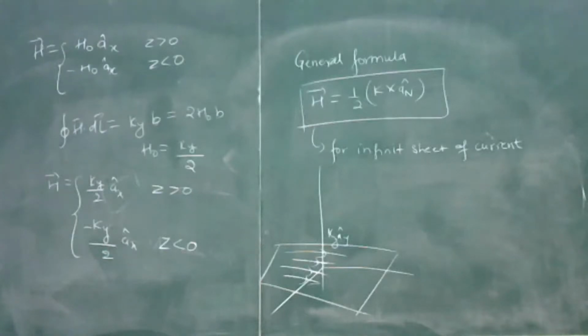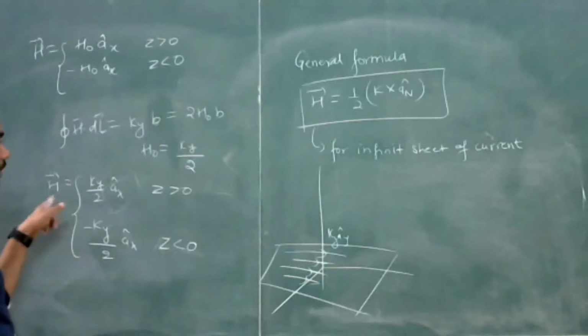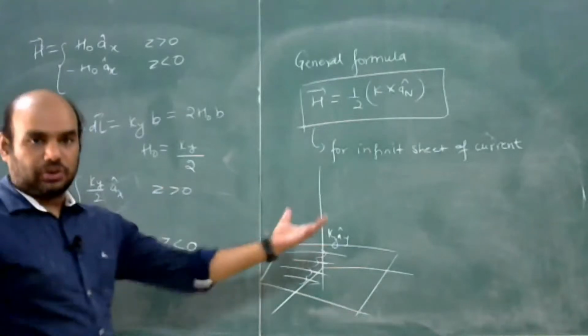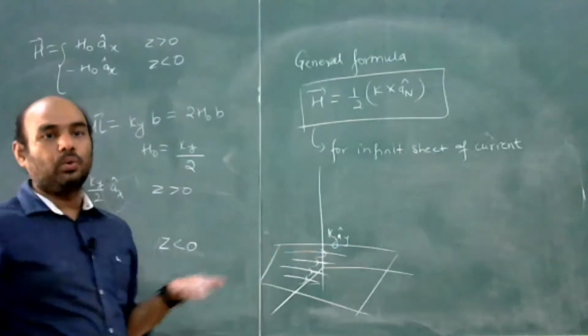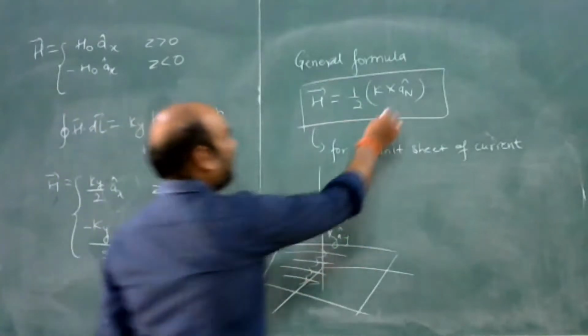So for an infinite sheet of current density K, H is equal to half K cross an. Current is flowing in the ay direction, and we are getting the value of H in the ax direction. It is always normal to this ay, so this is an.